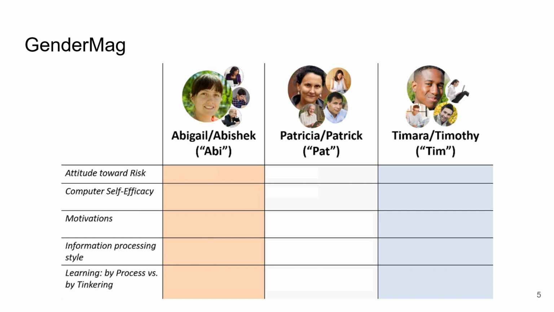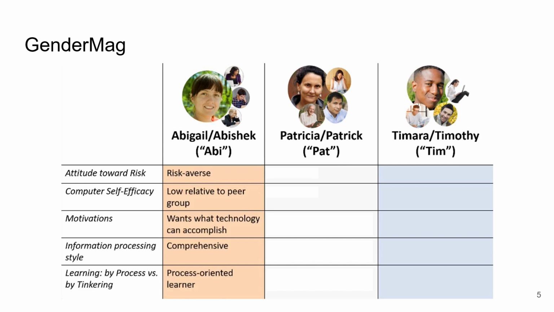These facets are attitude towards risk, computer self-efficacy, motivations, information processing style, and learning by process versus by tinkering. Abby has a value for each of these 5 facets. For example, Abby's learning style is by process, meaning they like things like tutorials and walkthroughs.